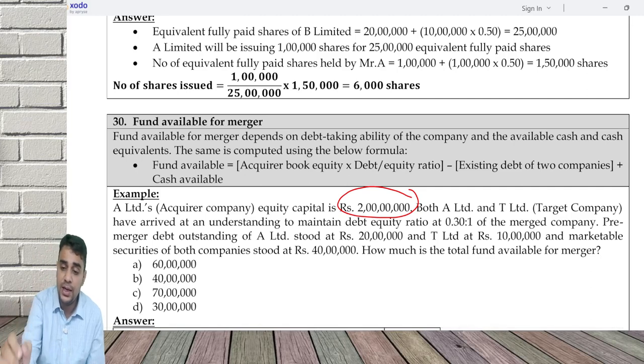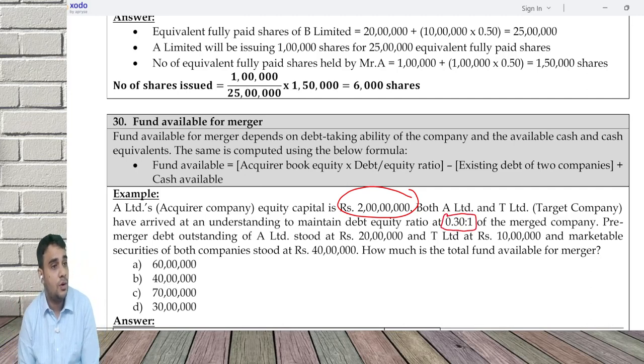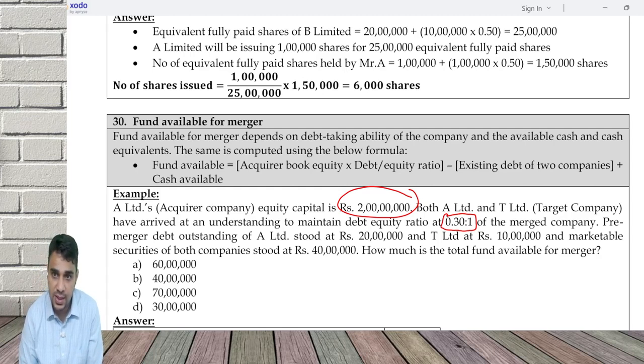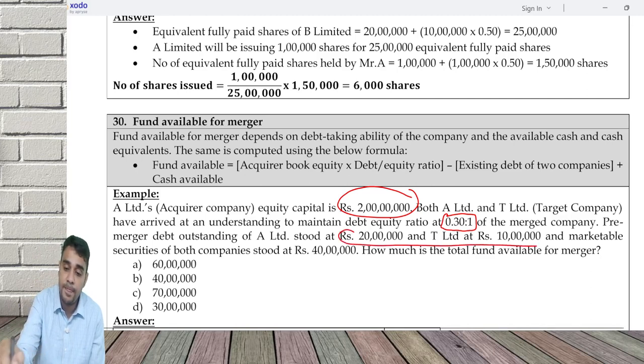My debt equity ratio has to be 0.3:1, which means I can borrow 0.3 into 2 crore, which is 60 lakh. In that, already I have debt of how much? 20 and 10.